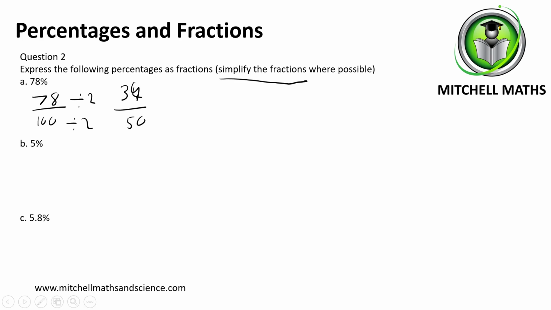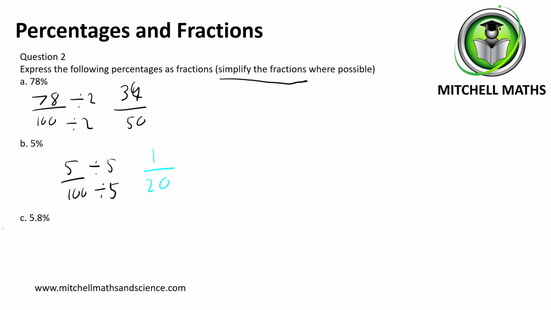And for part B, 5%, that's 5 out of 100. To convert it to its simplest form, we can divide by 5. 5 divided by 5 would be 1. 100 divided by 5 would be 20. So as a fraction in its simplest form, it's 1 over 20.